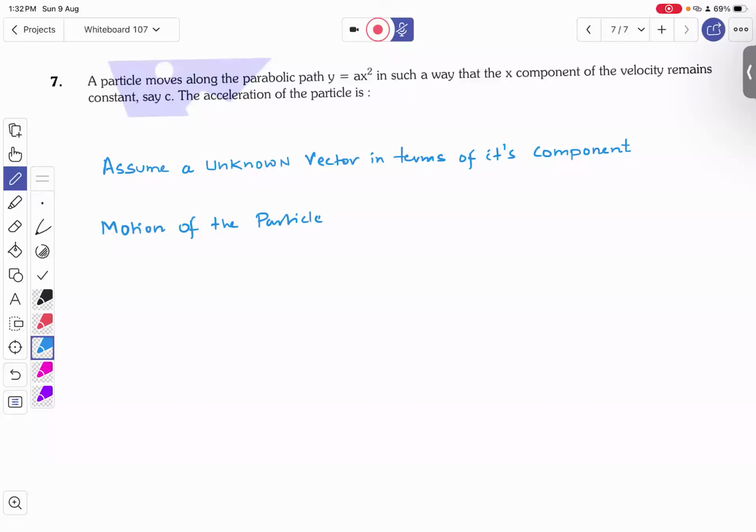So he can have velocities along X and Y only, and acceleration along X and Y only, because velocity along Z is always zero. So what will be the acceleration along Z? Always zero. Since motion is in the XY plane, the acceleration can have two components, one along X and one along Y. So we are assuming it like this.